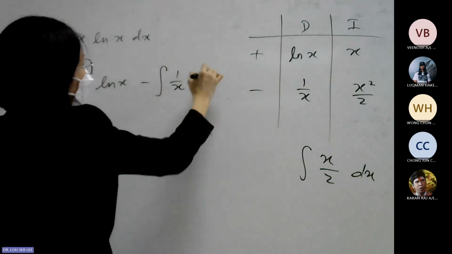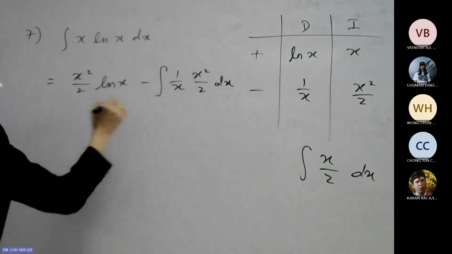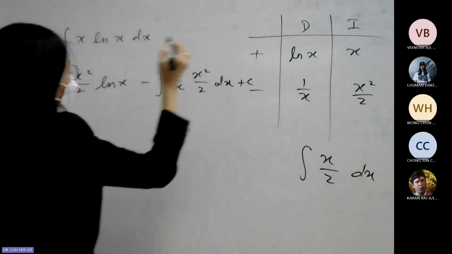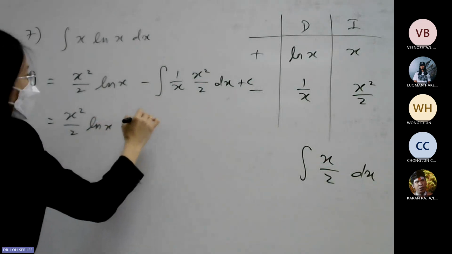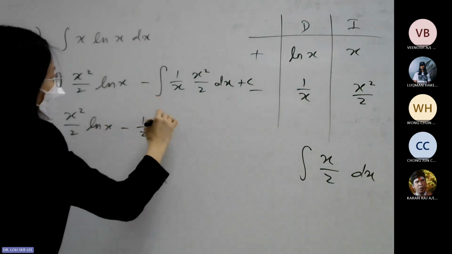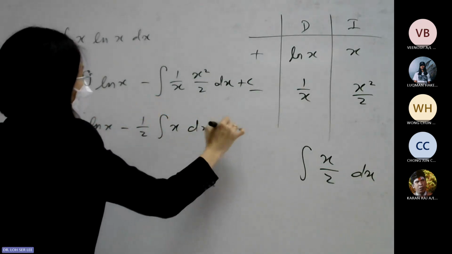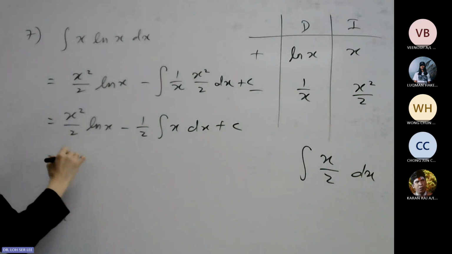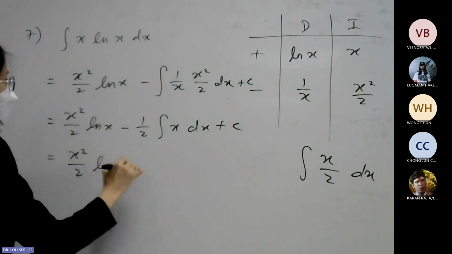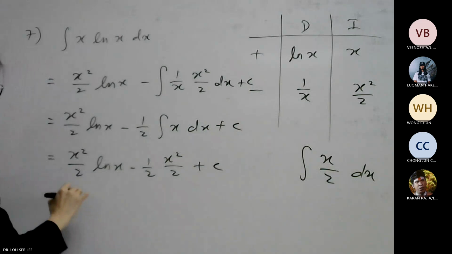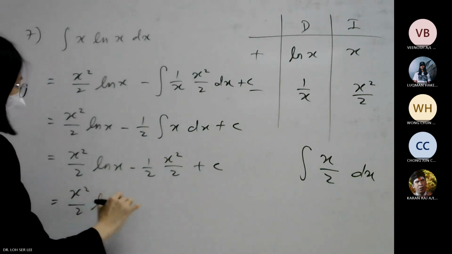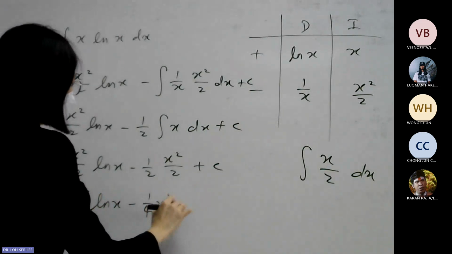So the answer is x²/2 ln x minus the integral of 1/2 x dx, that means x²/2 ln x minus 1/4 x² plus c.